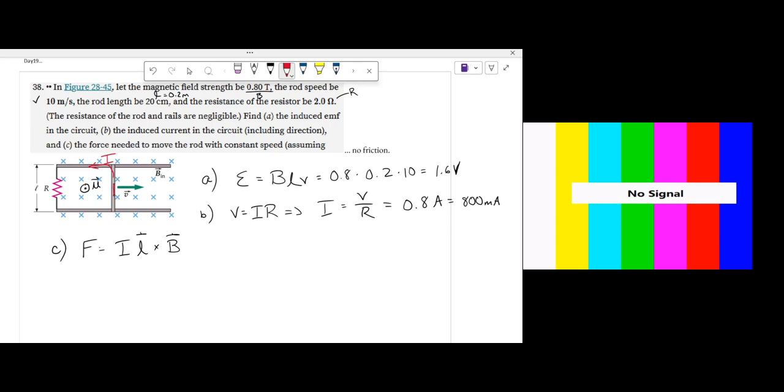I'm going to look at this leg right here. If I align my thumb to the current, the way that I get my palm pointing out is for the current to be going up. If the moment was into the board, then I would have had to move my thumb down, so that way I had a magnetic moment going into the board. But since the moment is out, my palm points out when, along the right-hand side, I have a current going up.